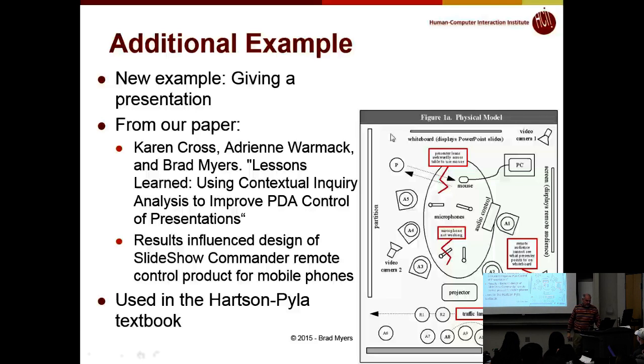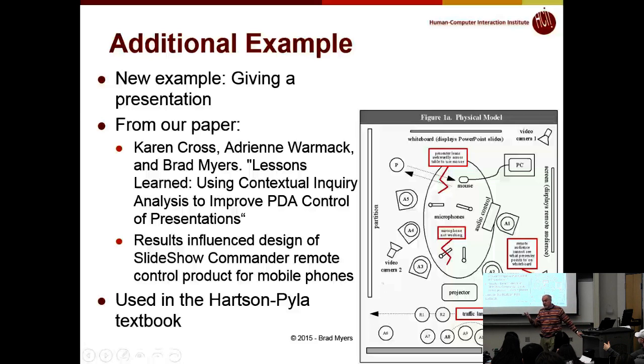This is the presenter, and here's the computer with a wired mouse, which the presenter is having a hard time reaching. And there are microphones around the room and cameras for the remote participants. So this is a collaborative meeting between Pittsburgh and I think it was Germany. So there's a variety of interesting things that happen in this conference call.